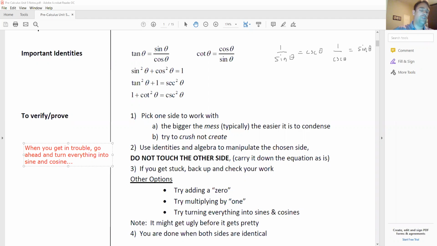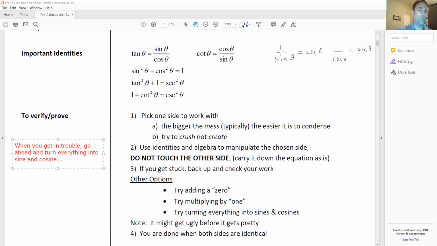Now, that is not a do-that-every-single-time. Sometimes you don't want to, but if you get stuck and you're in a jam and you can't go anywhere, sometimes it helps just to look at it in a different way. One of the ways to do that is every trig function we can turn into sine and cosine. So sometimes it helps just to get everything in terms of sine and cosine.